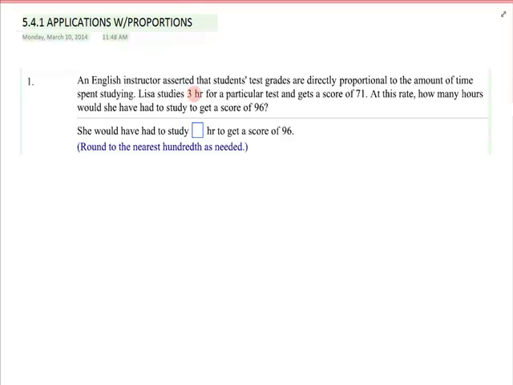3 hours gets a score of 71. So 3 is to 71. Now the labels I'm going to put on here are helpful. This is hours, and this is score.